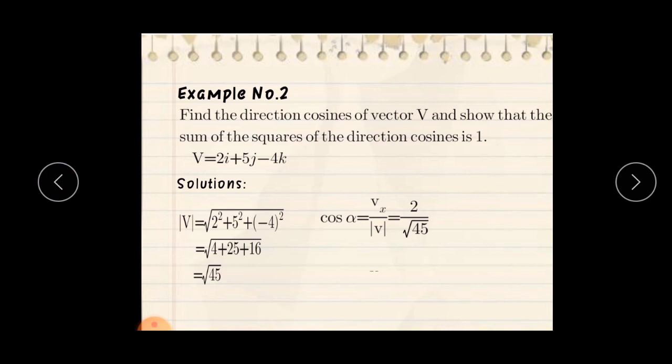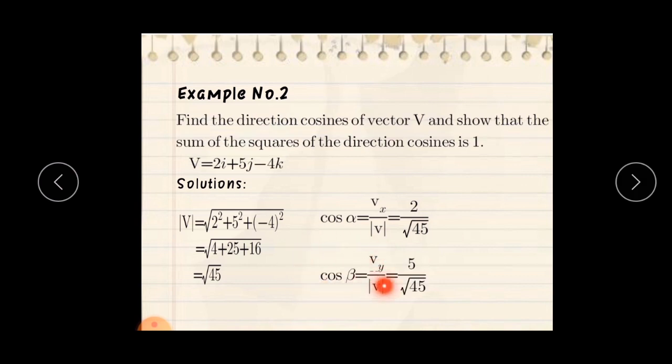And now, we get the direction cosines of vector V. Cosine alpha is equal to V sub x over the magnitude of V. The value of V sub x is 2 over the magnitude of V, which is square root of 45. Cosine beta is equal to V sub y over the magnitude of V. The value of V sub y is 5, and the magnitude of V is square root of 45.